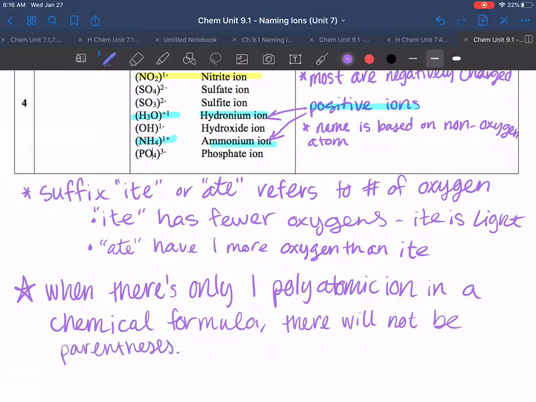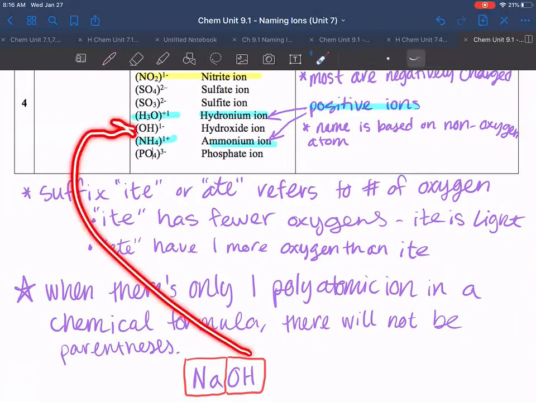What I mean by this is if I talk about sodium hydroxide, or NaOH, the two parts here are the sodium cation and the hydroxide polyatomic anion. Notice that when there's only one, there's no parentheses.